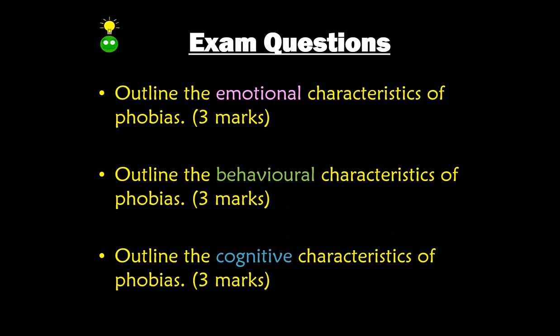I would advise for the three marks, if we want to do it by numbers, one mark for identifying what an emotional characteristic of OCD is, another mark for explaining that, and another mark for giving an example. Please can you ensure that you're able to do that? I will be setting some exam questions next week on this, and I want to ensure that you're okay with knowing the difference between these, so please contact me if there are any queries on this.